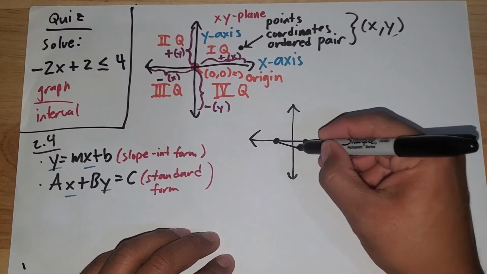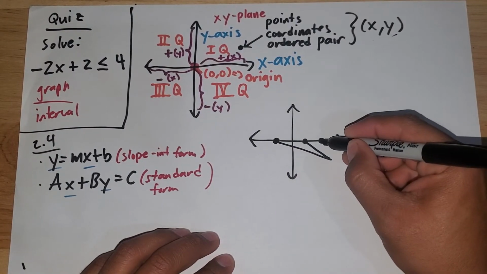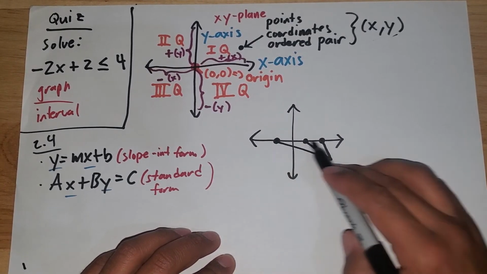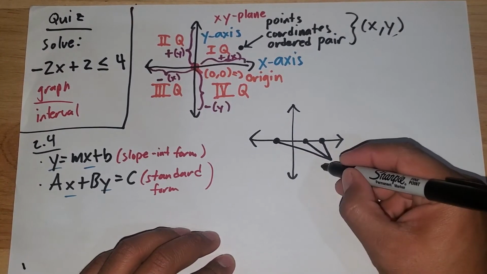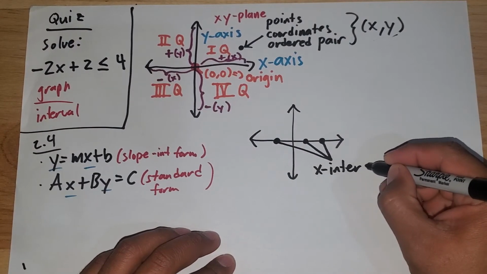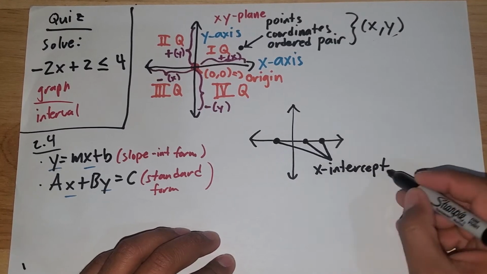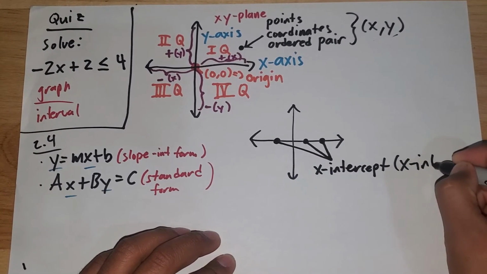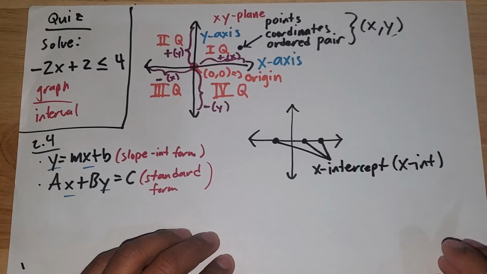So for instance, if the point happens to be exactly on the x-axis, it's also called an x-intercept. Hopefully I spelled that correctly. Or for short, XINT, so x-intercept.